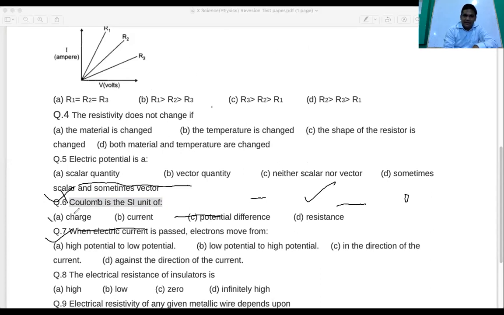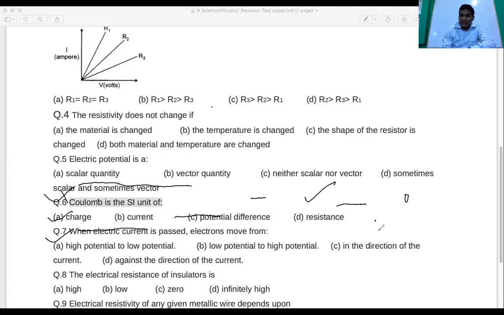Now they have asked, when electric current is passed, the electron moves from. I already told you, charge always moves from higher to lower potential.